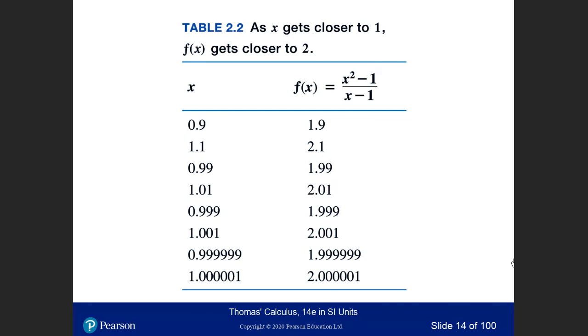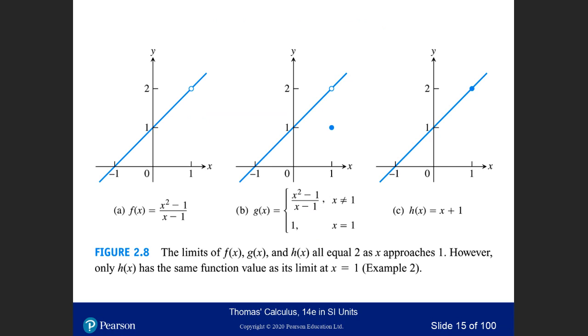So as you can see, if I continue to get close to 1, you should notice that I'm not at 1, just a little bit different from 1 on the right and on the left. And it's obvious that as you go to 1, the limit is 2. Let's continue.